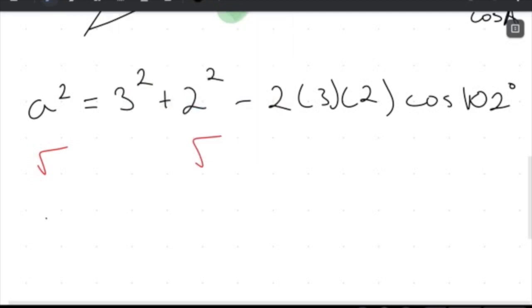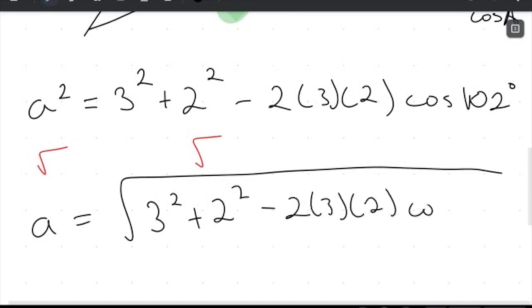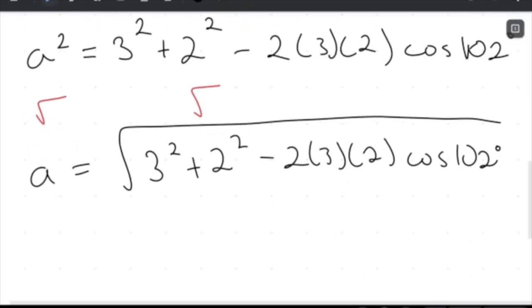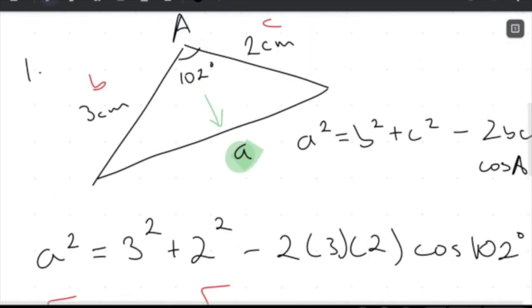So my side a is going to be the square root of 3 squared plus 2 squared minus 2 times 3 times 2 cos of 102 degrees. When I put that into my calculator, we can round this to 2 decimal places. That equals approximately 3.94 centimeters. So this is how we can use cosine rule to find an unknown side.